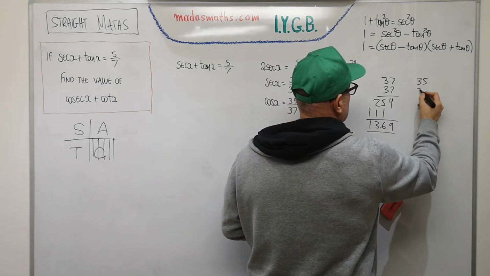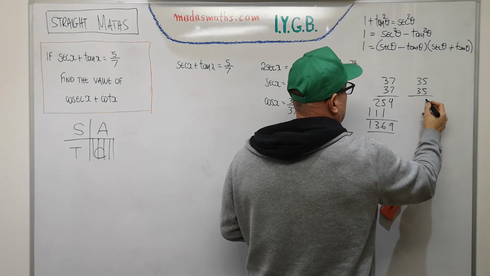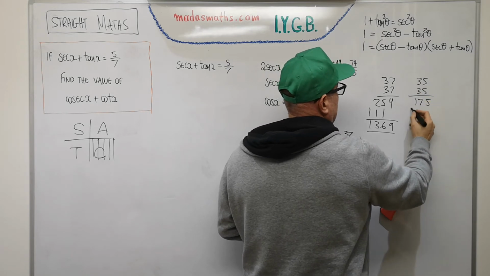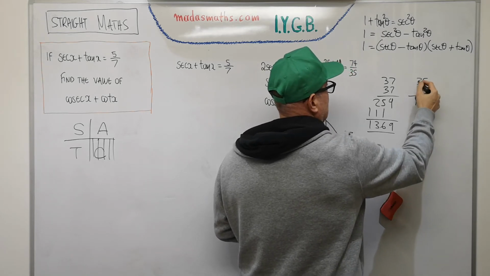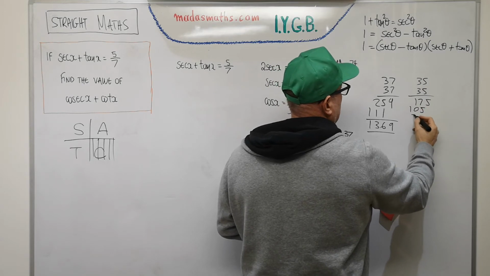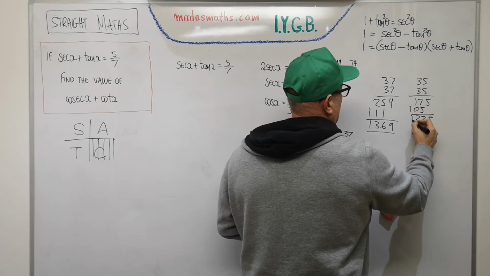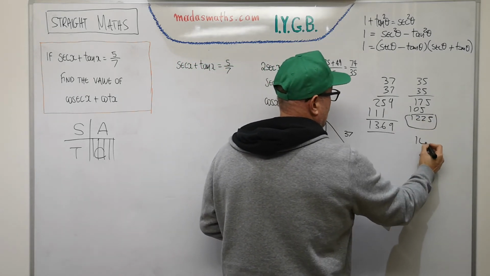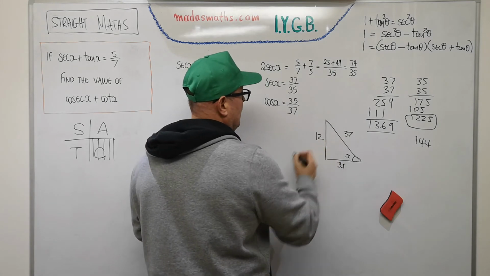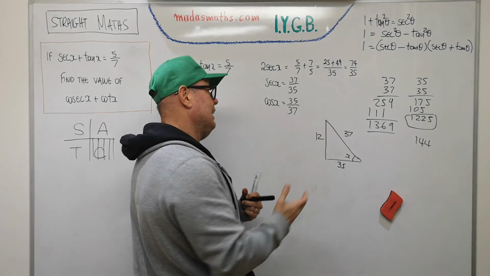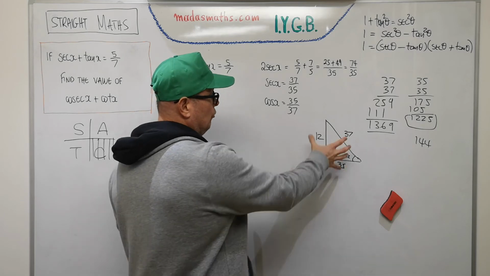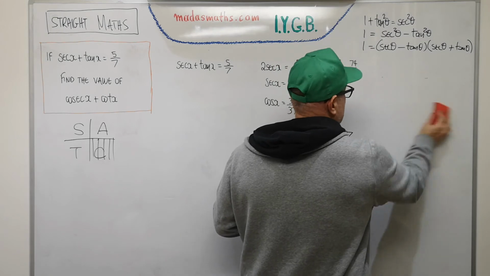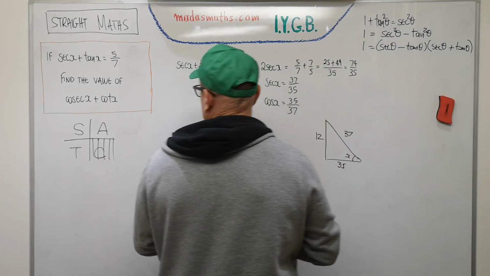The 35 squared should be 1225, but we can just check it very quickly. 5 times 5 is 25, 3 times 5 is 15, 10, 3 times 3 is 9, 12, 1225. The difference between the two numbers, I hope, is 144, and 144 is not a difficult number. It does help, as I explained a little earlier, to know your Pythagorean triples. So for me, I wouldn't have bothered to do any work there. I know that's a 12. But it can still be done without a calculator, and that's the reason I'm showing you.